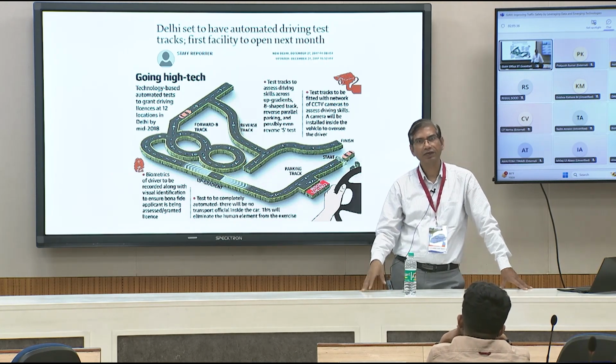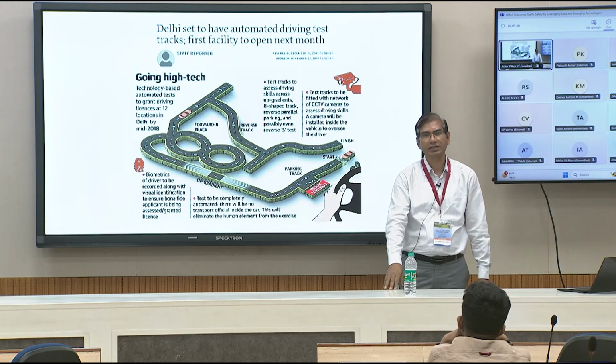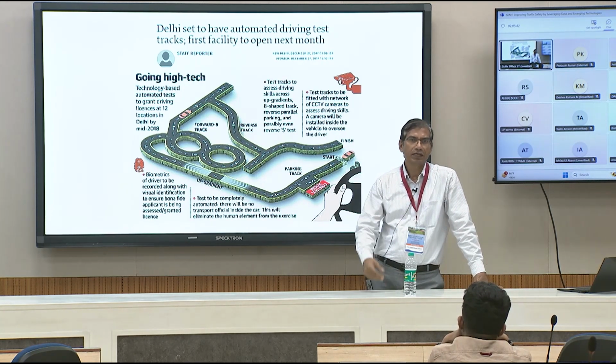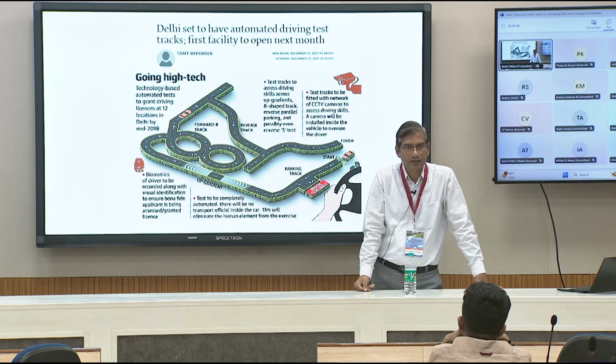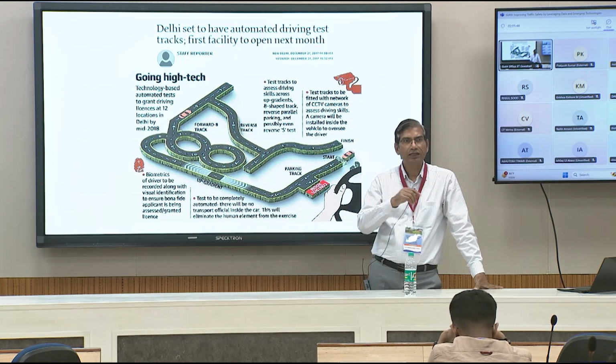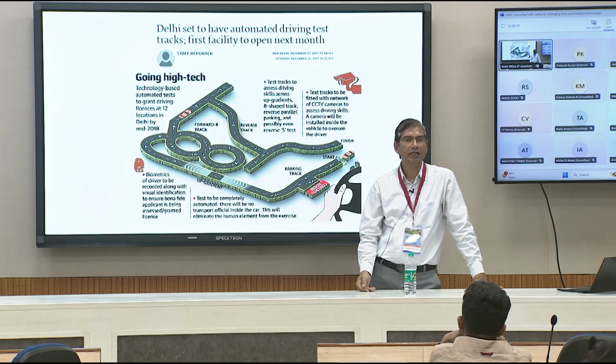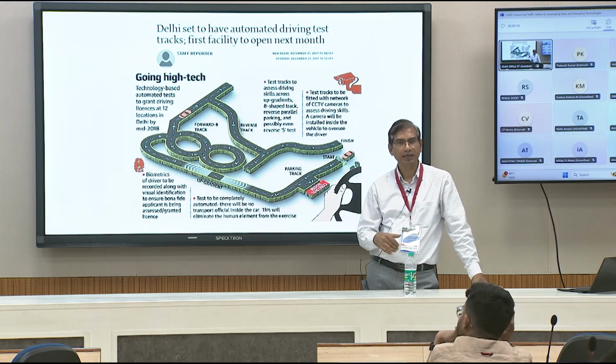The average speed is 15 or 20 kilometers per hour in daytime, so at that speed, even if an accident happens, it cannot be a fatal accident. But the traffic does not remain the same the entire day. During the late hours or early morning hours, the same road remains empty, and at that time over speeding happens and fatal accidents happen.